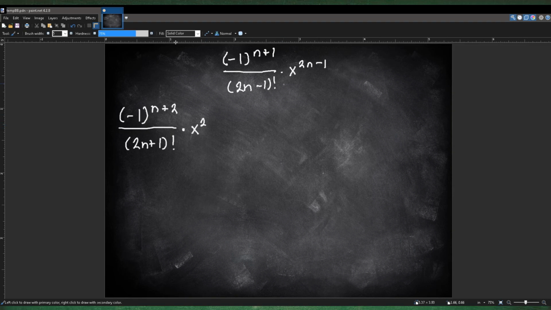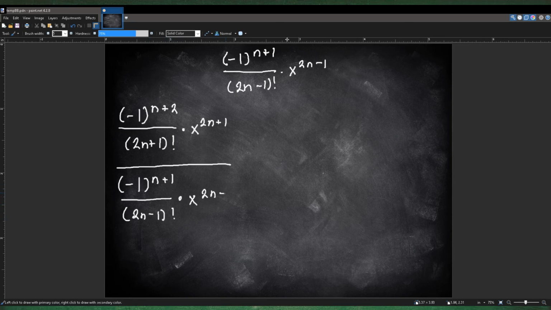Over, and then you plug in n, it's basically the same thing as this. So it's 2n plus 1, right? Because you substitute n with n plus 1. And then you have this entire thing divided by the current term. So you have -1 to the n plus 1 over 2n minus 1 factorial times x to the 2n minus 1.